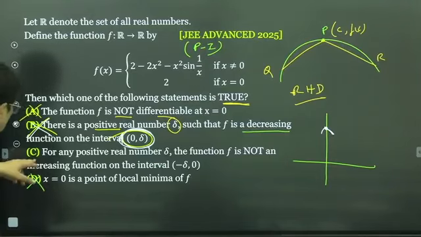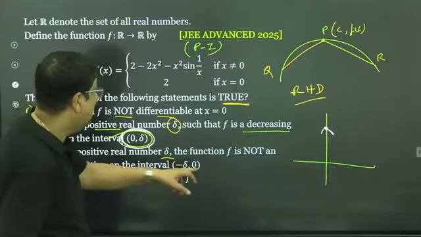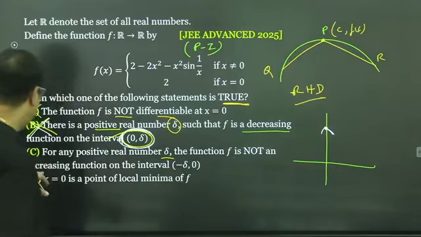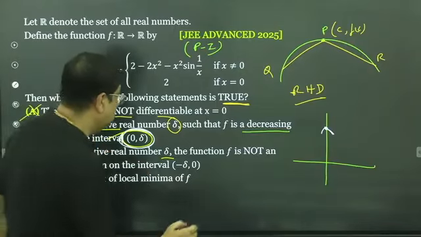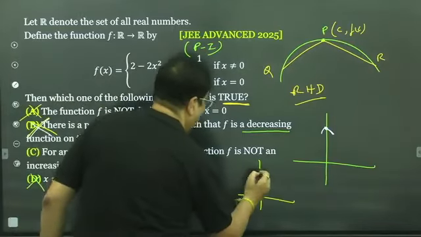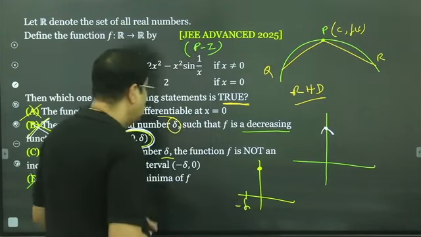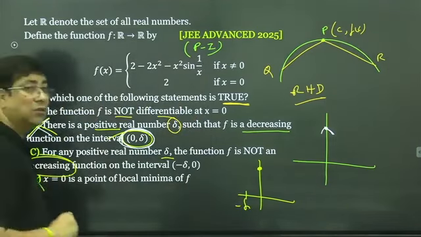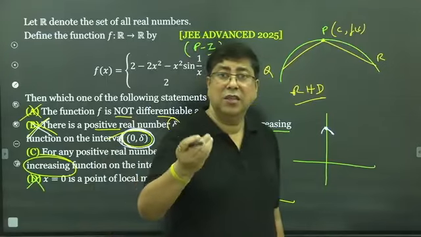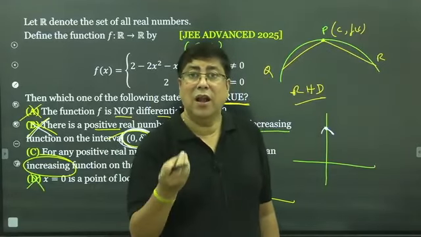Now we are going to C. For any positive real number delta, the function f is not an increasing function on the interval 0 to delta. So at 0 this is 2, and up to suppose delta, the function is not increasing. It can be increasing or decreasing, it doesn't matter. What delta will we take?